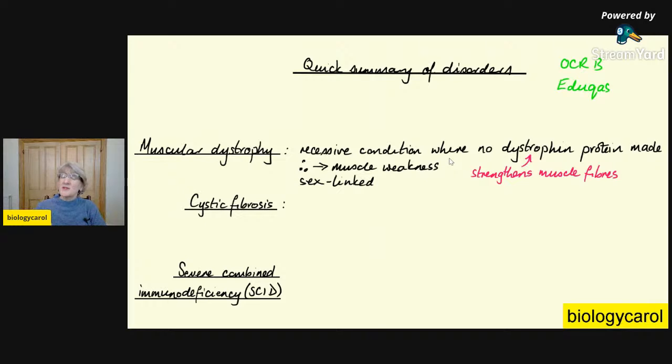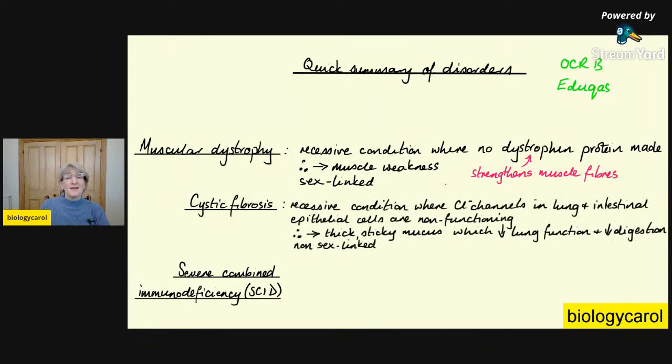So if it is absent, the muscle fiber gets weaker and weaker. And just for the record, this is a sex-linked disorder, so you can easily see how exam boards might put together your inheritance topic and this topic in a question.